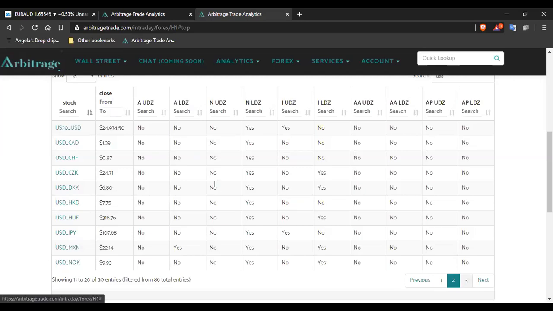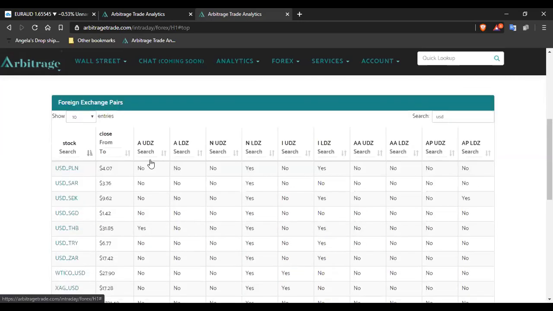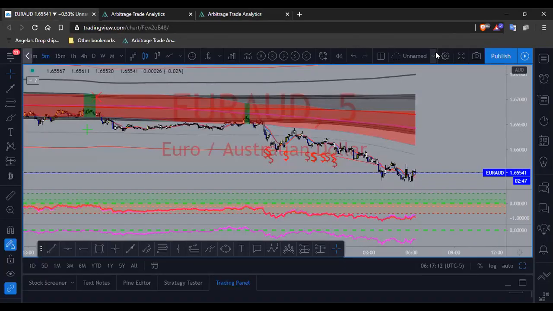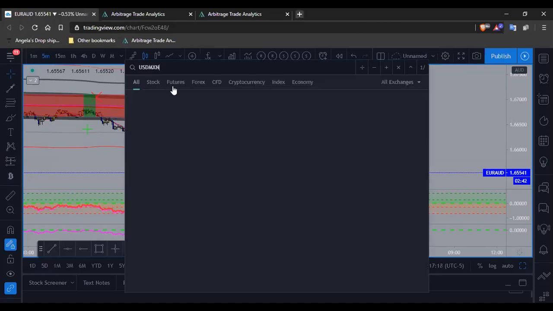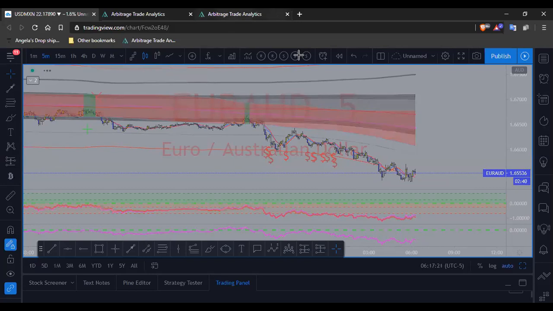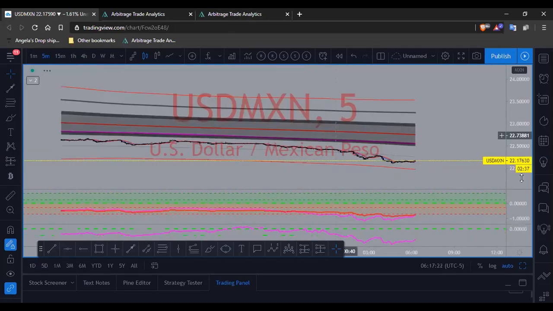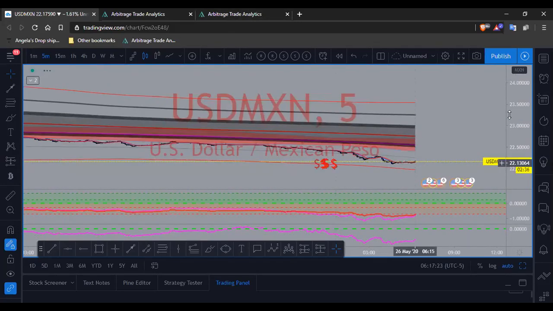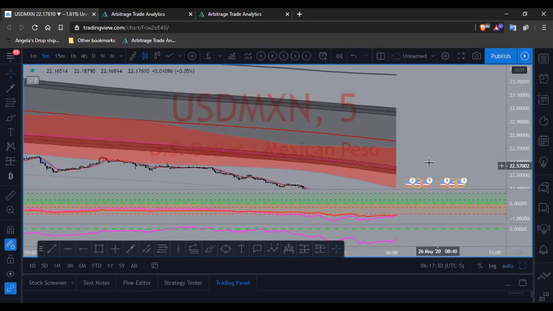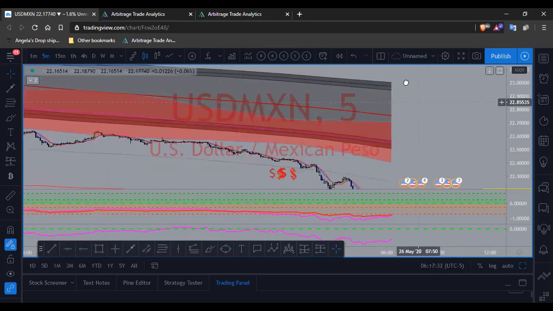I'll go ahead and check back on the charts to make sure that they're both good, because that's what you always want to do. So let's go take a look. Before I continue, this is on USD Mexican. All right, so like I mentioned, USD Mexican has been just free falling and dropping like crazy, but now it might be time for it to actually come back up.